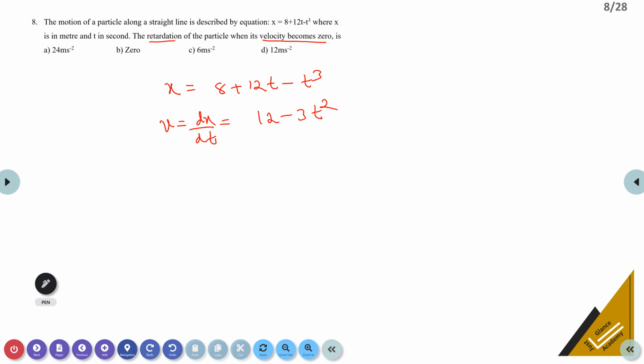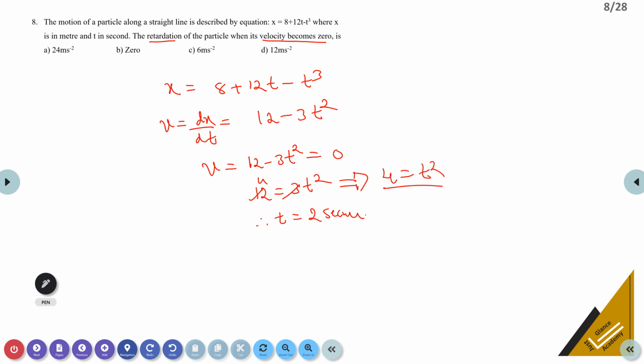Velocity equal to 12 minus 3t square equal to 0. Simplified, 12 equal to 3t square, so t square equal to 4, therefore t equal to 2 second.